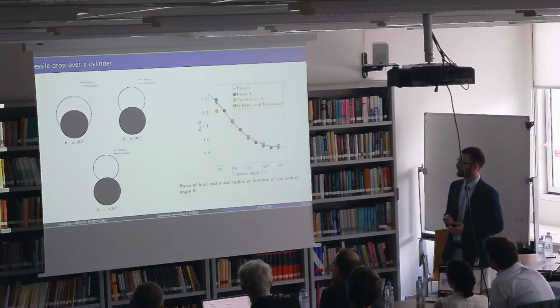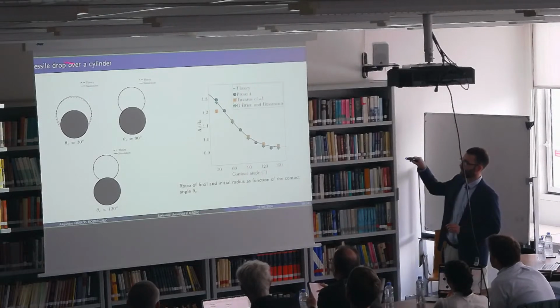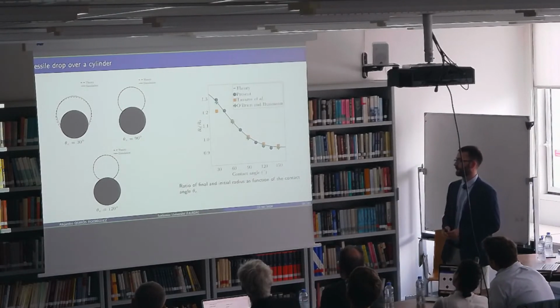Once we have modified our methodology to handle arbitrarily oriented walls, we can apply the method. We have considered this test case, where we apply the method to the sessile drop over a cylinder that again we initialize at a 90-degree contact angle. Here we impose again a different contact angle and we let the drop move.